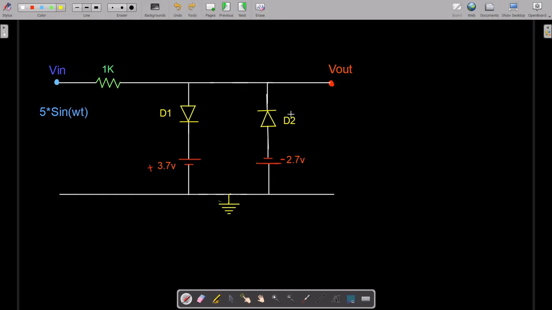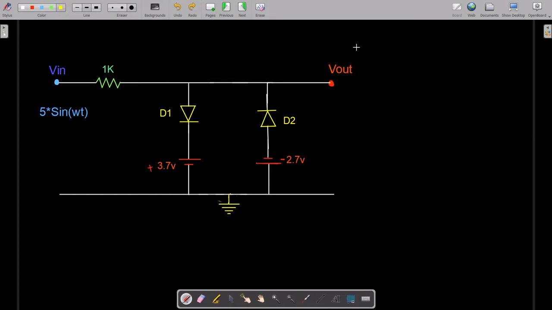So remember one thing: if there are two voltages, then we will require three conditions to analyze this circuit. Now let's suppose if there are three voltages, then we will require four conditions to analyze this circuit.